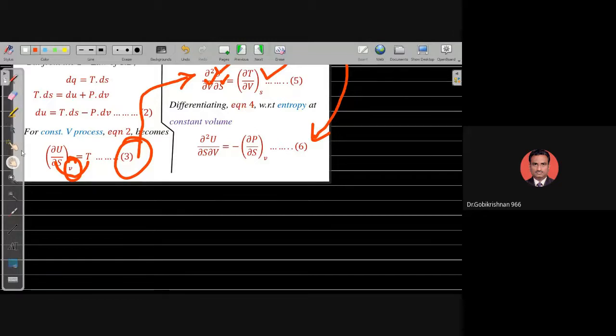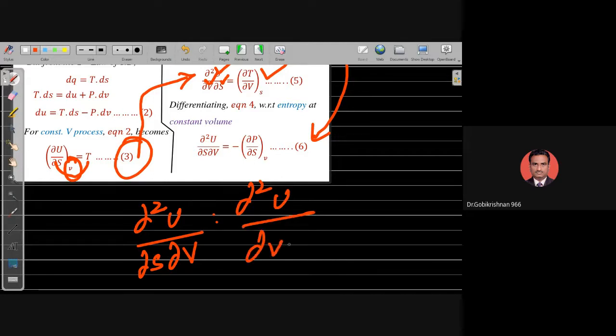All of you just listen here. I can write this one: ∂²U/∂S∂V is equal to ∂²U/∂V∂S. This condition is applicable only for a state function.